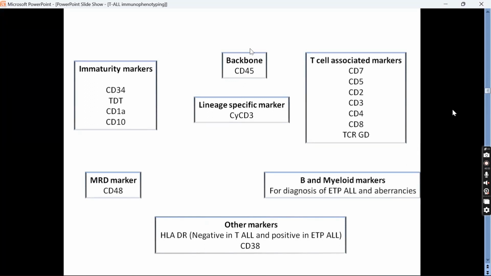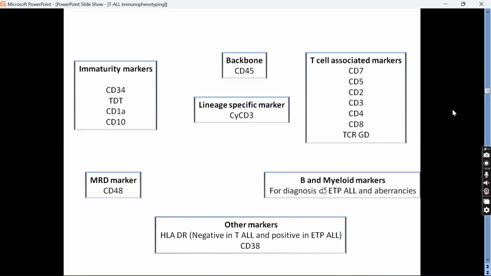CD45 is an immaturity marker as well as a backbone marker. You have a lineage-specific marker, which is cytoplasmic CD3. T-cell associated marker CD7: nearly all T-ALLs are invariably CD7 positive. Other T-cell associated markers are CD5, CD2, CD3, CD4, CD8, TCR gamma delta, and even alpha beta if you have space.